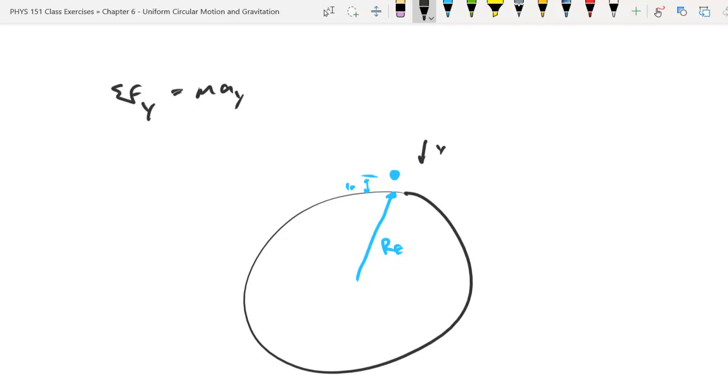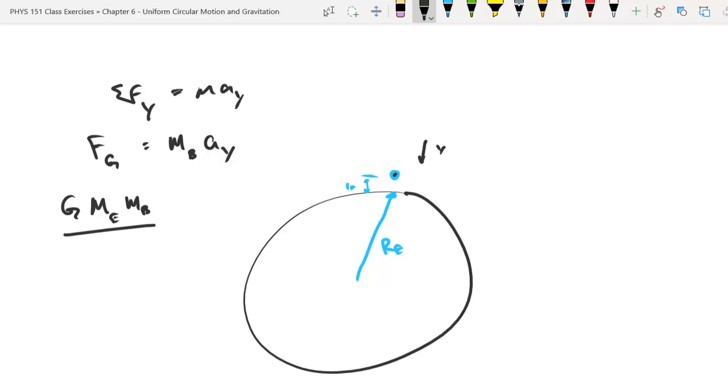This gravitational force is equal to the mass of the ball, I'll say this is a ball here, times its acceleration in the y direction. The gravitational force is the gravitational constant, times the mass of the two objects, so the mass of the Earth, times the mass of the ball, divided by the distance between them squared.